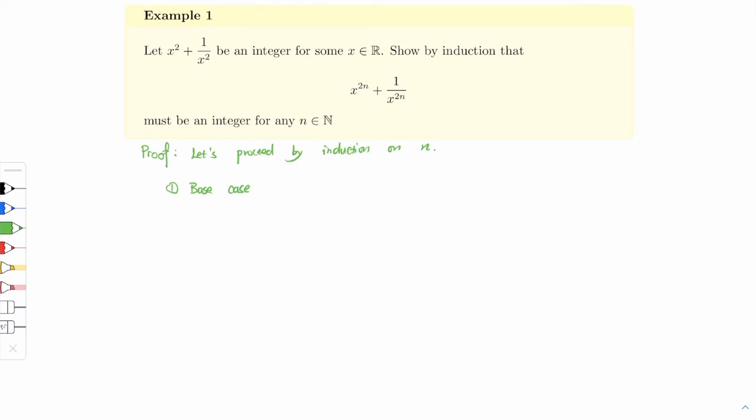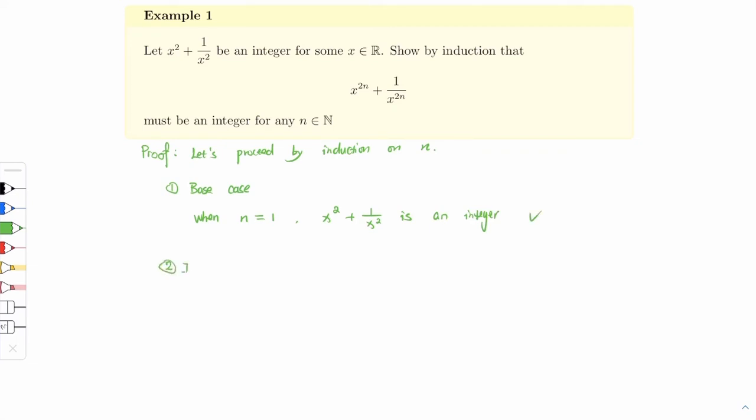So base case, we have n equals 1. We have x to the 2 plus 1 over x to the 2. This is an integer. This is given, so this is true.